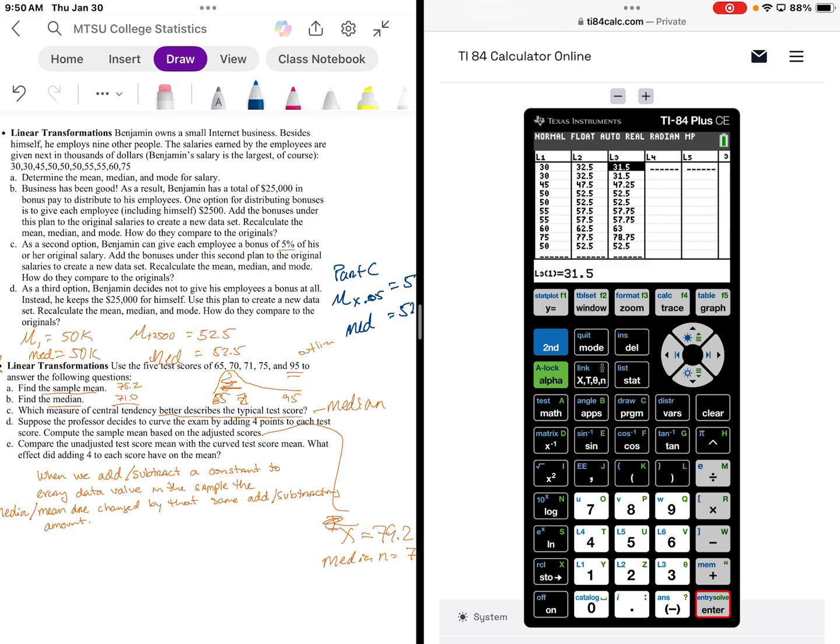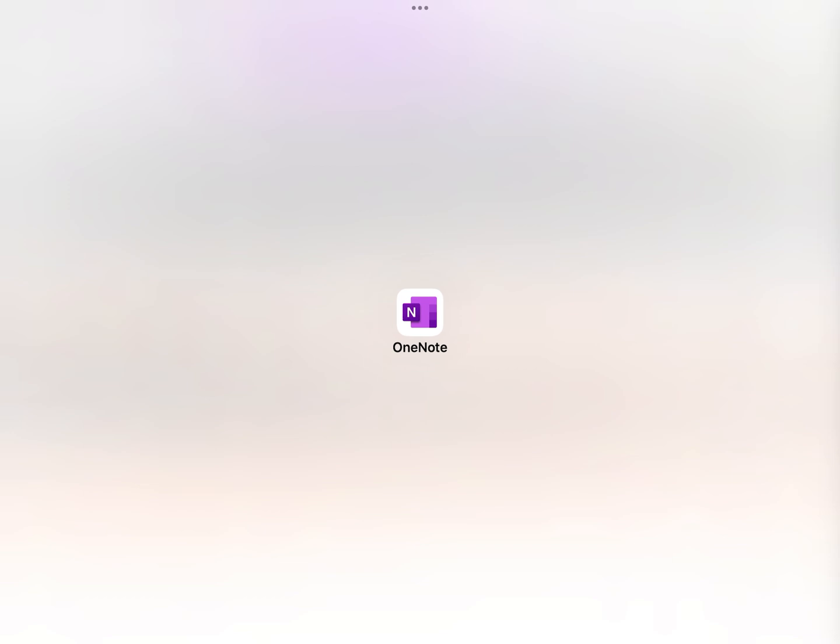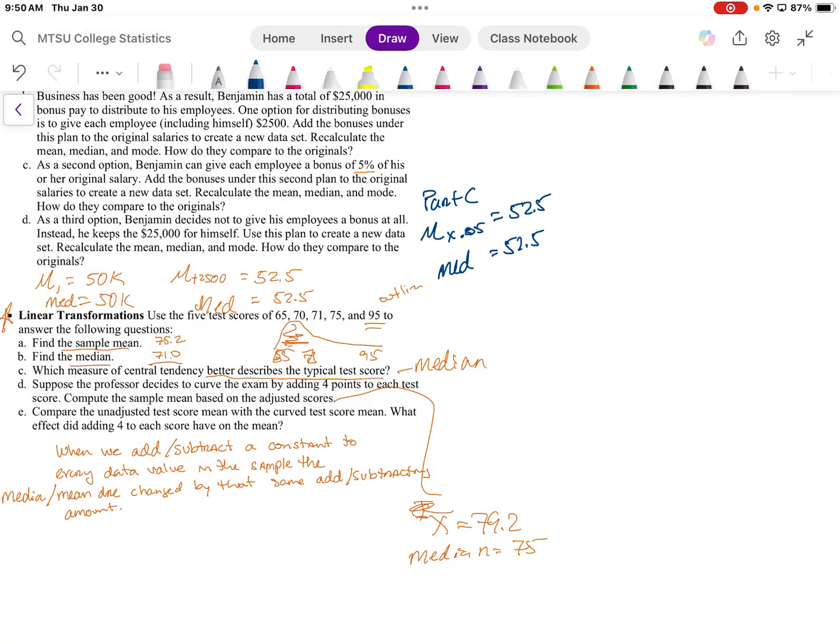The last option here, D, says as a third option, Benjamin decides not to give his employees a bonus at all. Ooh, bad mistake. He keeps the $25,000 for himself. Use this plan to create a new data set.